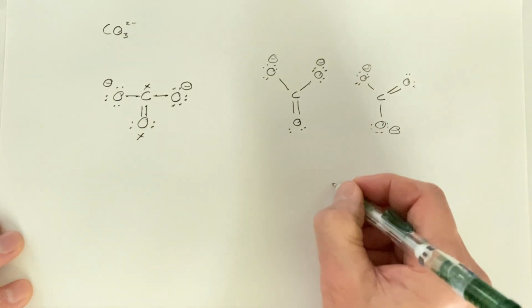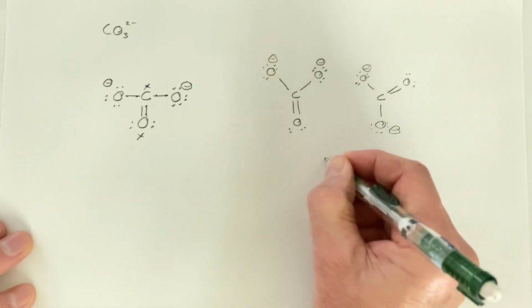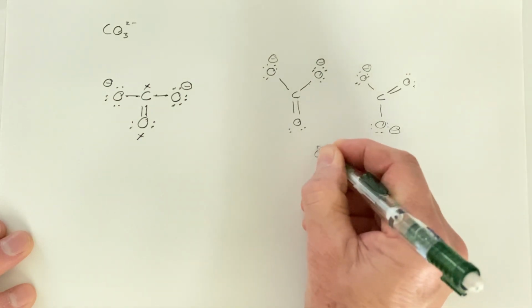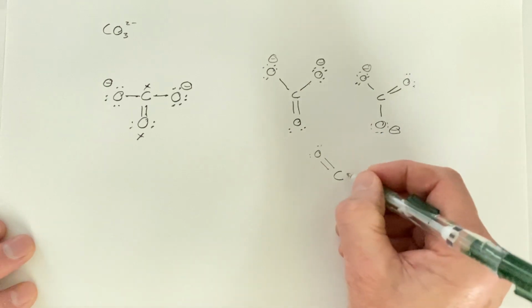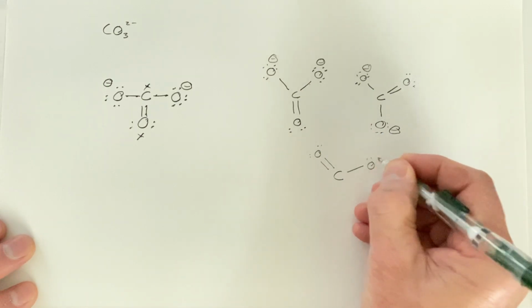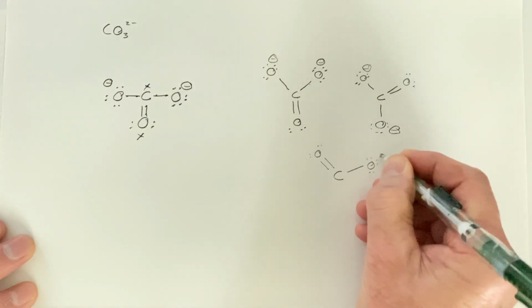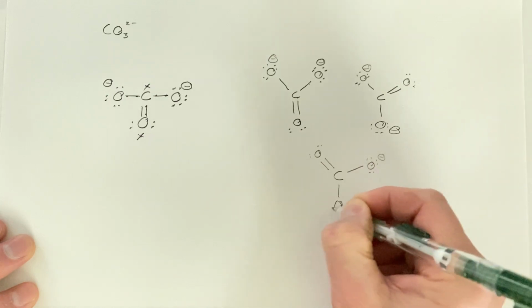I could have also drawn the Lewis structure with a double bond here, a negative charge here, and a negative charge here.